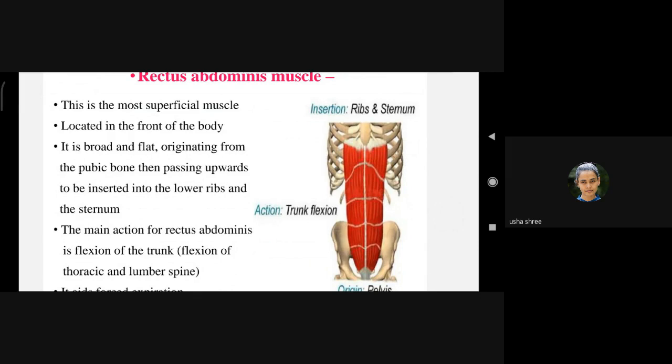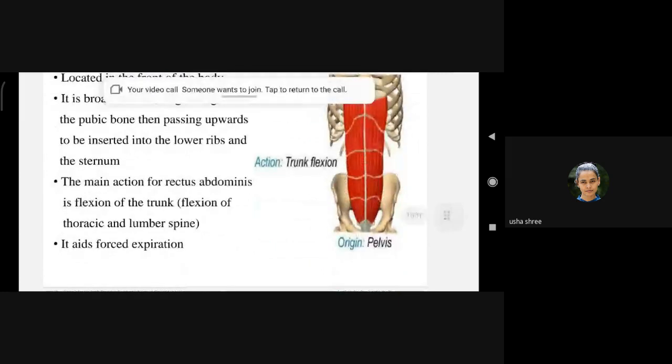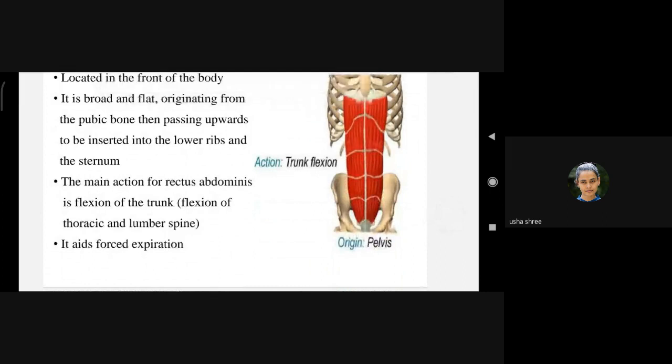Located in the front of the body, it is broad and flat, originating from the pubic bone, then passing upward to be inserted into the lower ribs and sternum. You can see here it is originating from the pubic bone. We have already studied in the skeletal system where the pubic bone is situated, in our hip girdle containing 6 bones, 3 on each side.